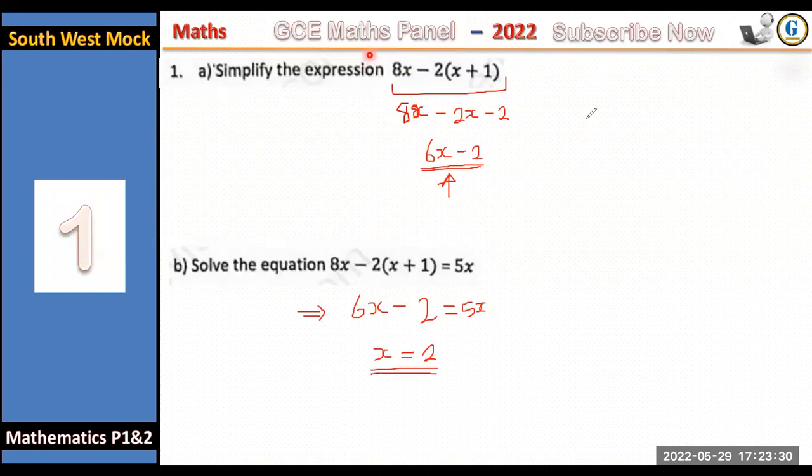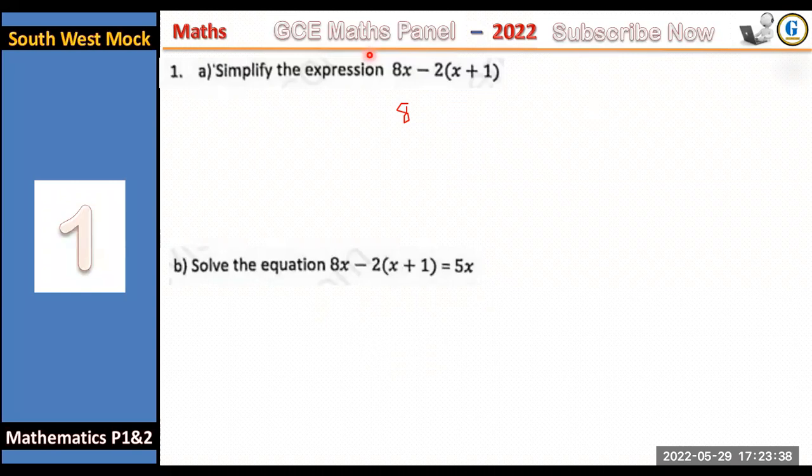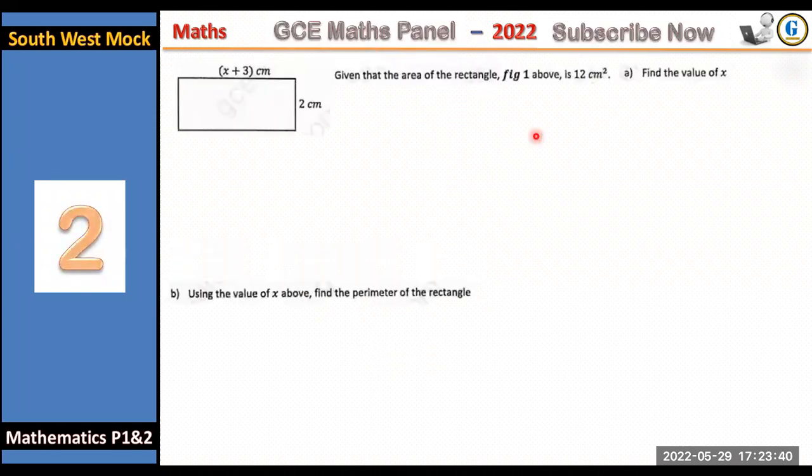Okay, now we can go to question 2. Now question 2 reads, given that the area of this rectangle in figure 1 is 12 centimeters squared, find the value of x.